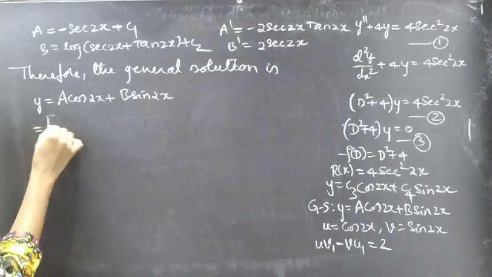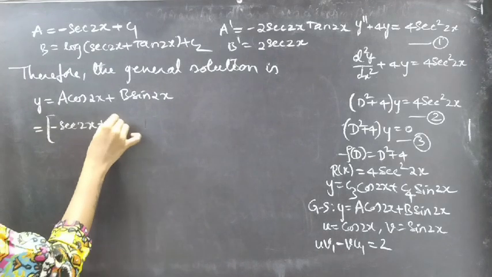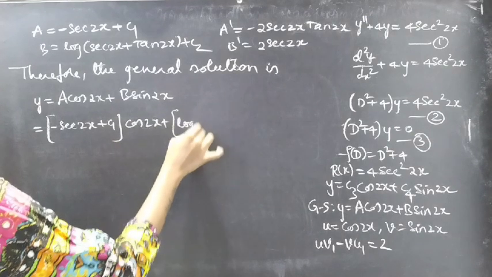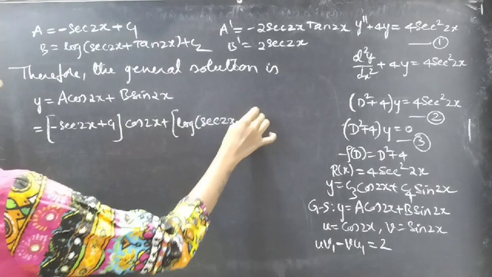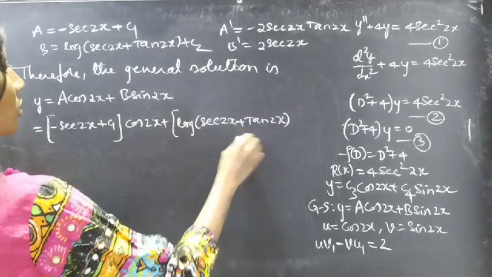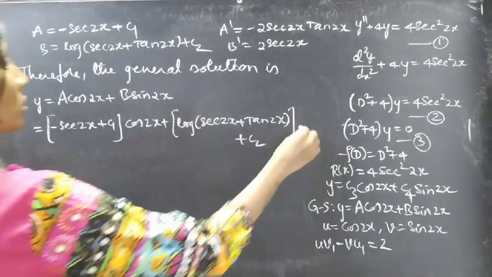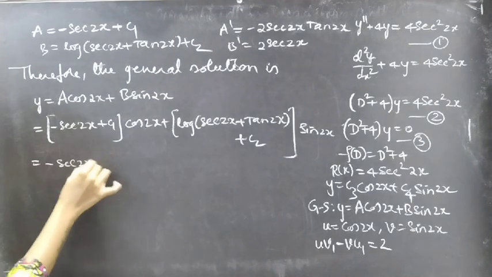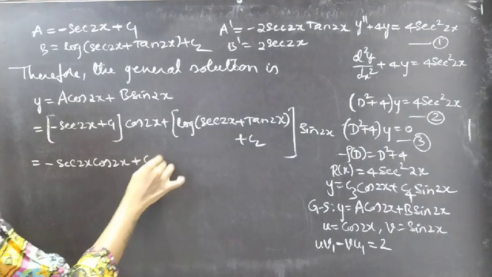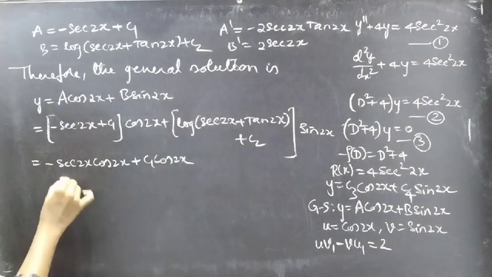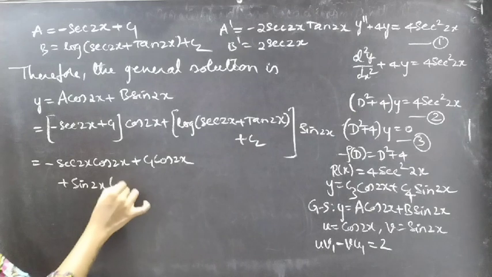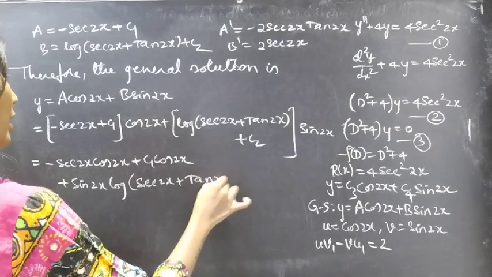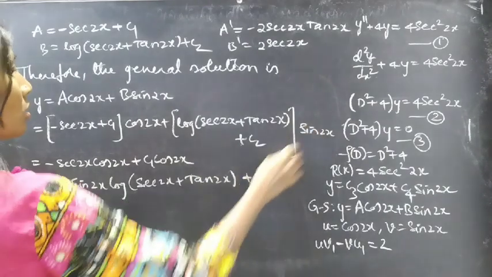Substitute A and B. We have minus secant 2x plus c1 into cos 2x plus log of secant 2x plus tan 2x plus c2 into sin 2x. This gives us minus secant 2x cos 2x plus c1 cos 2x plus sin 2x log of secant 2x plus tan 2x plus c2 sin 2x.